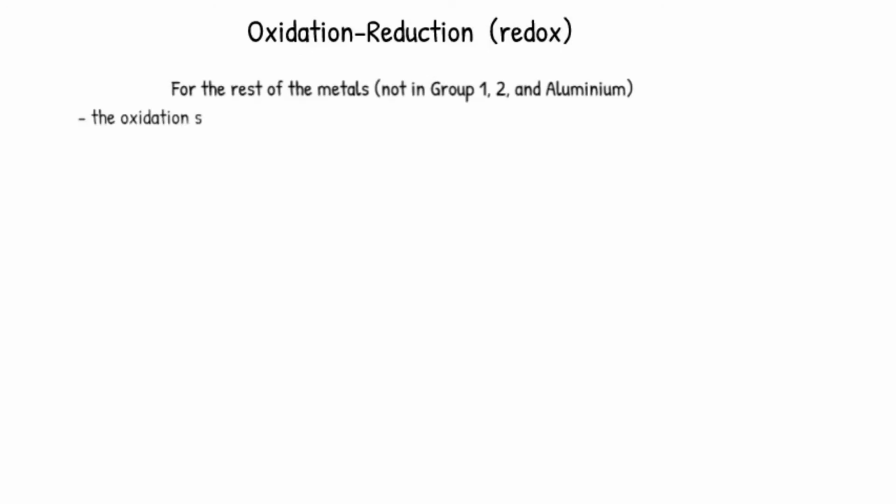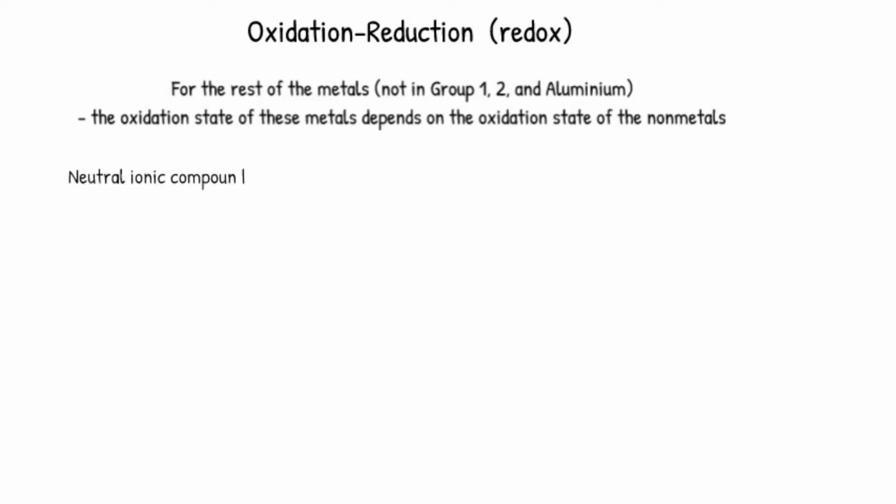To assign the oxidation number or oxidation state of the rest of the metals that are not in group 1, group 2, or aluminum, the oxidation state of these metals will depend on the oxidation state of the nonmetals. So for example, here are some neutral ionic compounds. FeCl2, the chloride is -1, the iron is unknown.